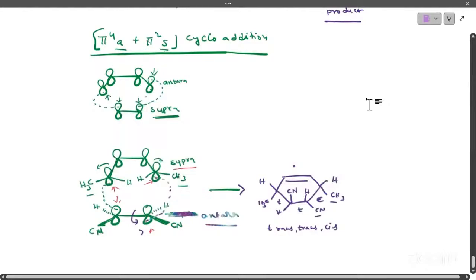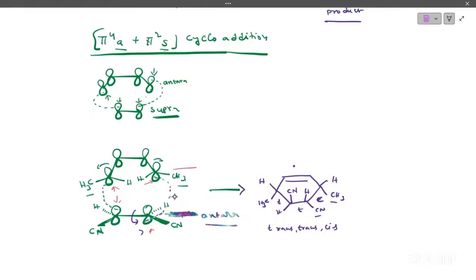Now, this is the example with respect to the first pi system, which is antara.